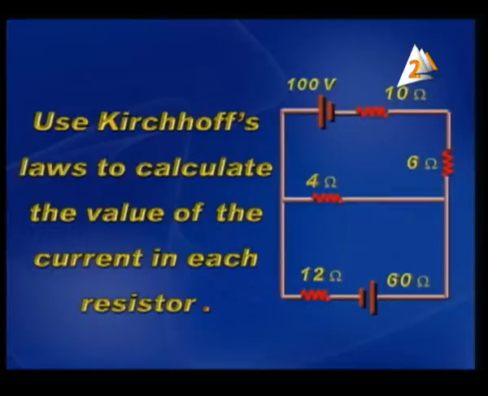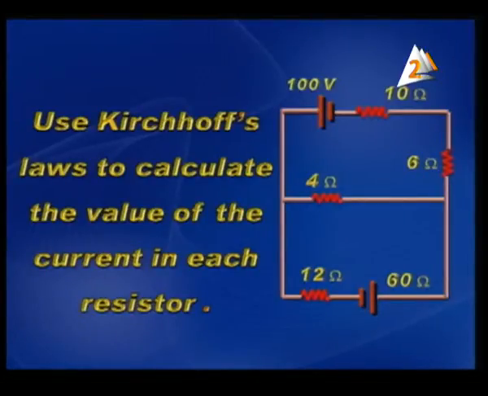So we've got a circuit that consists of a 100 volt battery and a 10 ohm resistor, another 6 ohm connected in series. And we've got a 4 ohm resistor and another battery of 60 volt and a resistor of 12 ohm. We want you to use Kirchhoff's law to calculate the value of the current in each resistor.